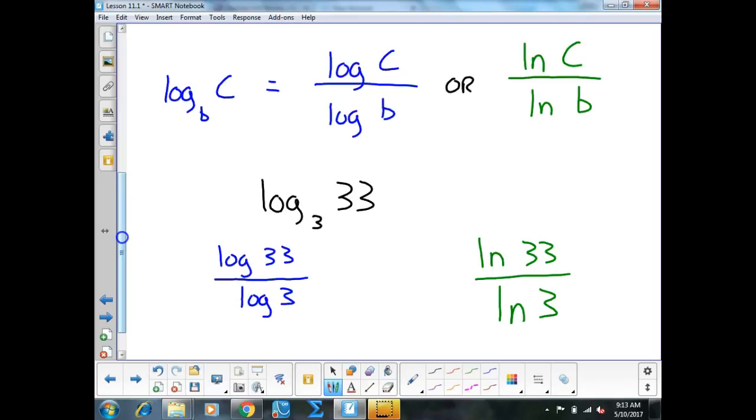Depending upon how your calculator types it in is going to depend on how you figure this one out.